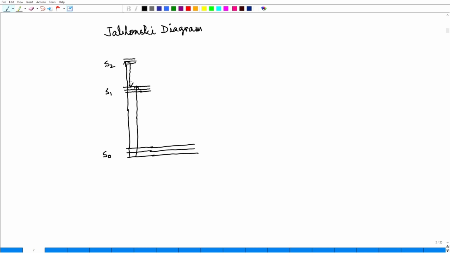If it goes to S2, the molecule will come down to the S1 state, the first excited state, and eventually it will come to the lowest vibrational state. So, both this one as well as this one, after absorption, will come down to this state. This coming down is known as internal conversion.